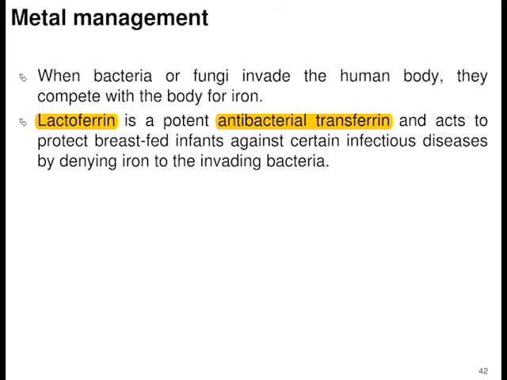Then it's useless in the aqueous environment. If it's iron 3 oxide, the Fe3 plus is not useful to the bacteria. But they have to compete with transferrin. There are so many transferrin now, so they will bind to iron 3. So in this case, the bacteria will be deprived of iron. Then it will not survive, right?